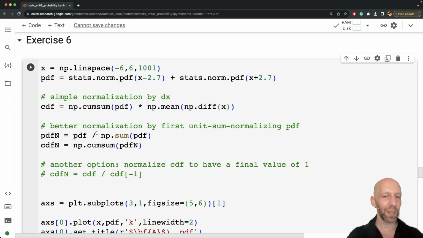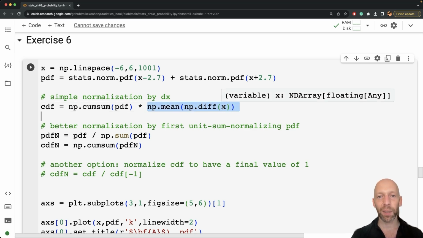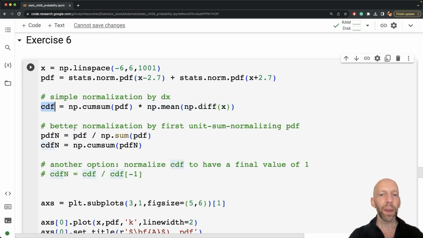Okay, anyway, here I'm doing a couple of normalizations. One is the dx normalization, which you already saw from the figure does not give us an accurate CDF. Here's a different normalization, which you learned about in a previous video. This is the unit sum normalization.